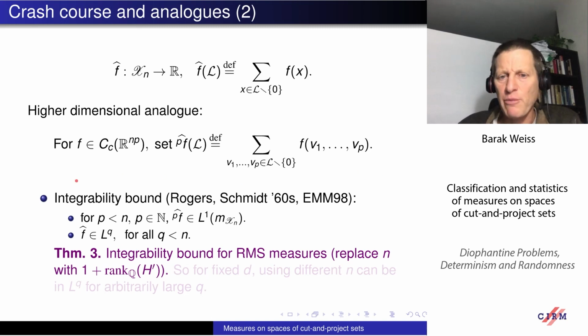You fix another parameter p, and then instead of summing your function on vectors in your lattice, you sum over p-tuples of p different vectors in your lattice, and therefore the function f depends on p times n numbers, which I think of as p vectors in R to the n. And so this is the pth Siegel transform of your function f evaluated on the lattice L.